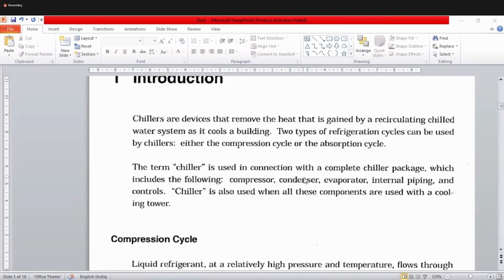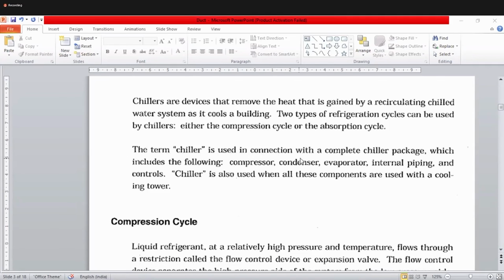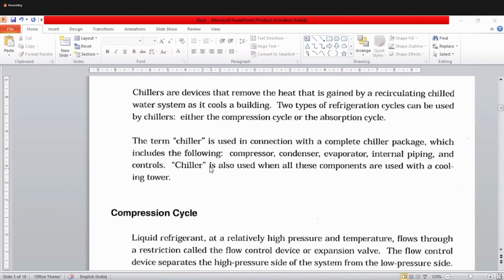The term chiller is used in connection with a complete chiller package, which includes the following: compressor, condenser, evaporator, internal piping, and controls. So the chiller package includes compressor, condenser, evaporator and an expansion valve.